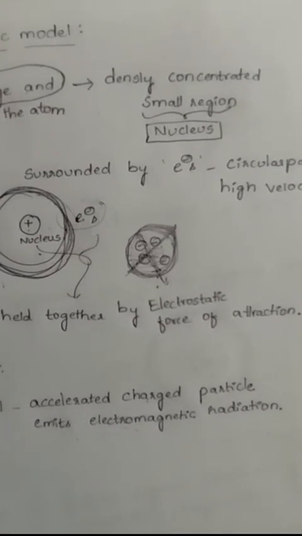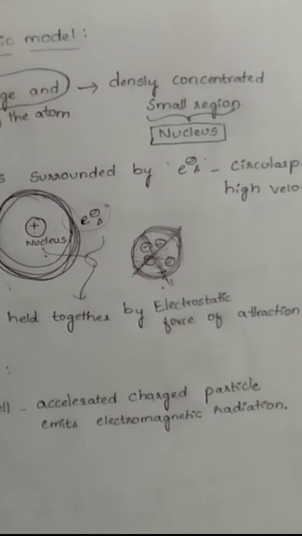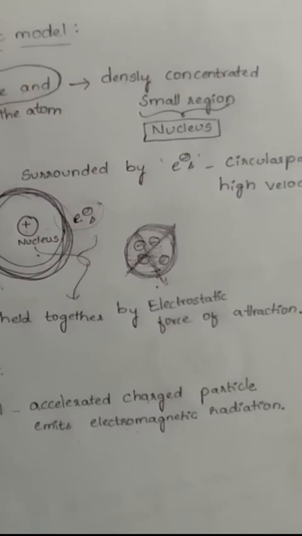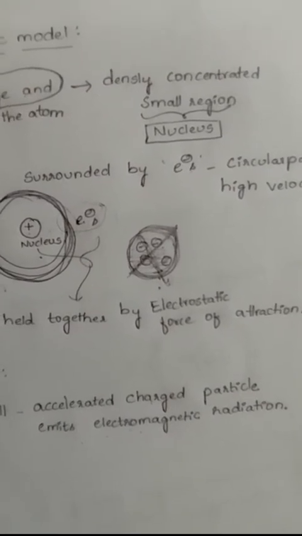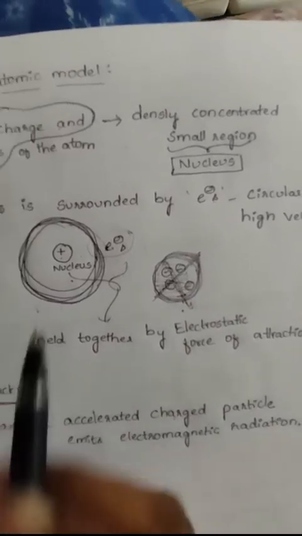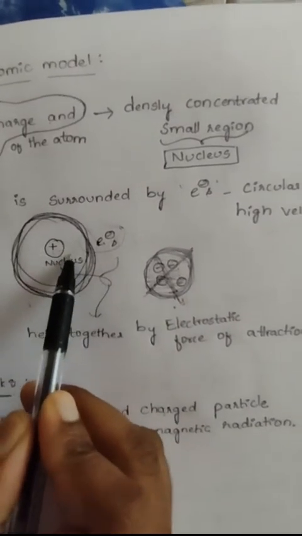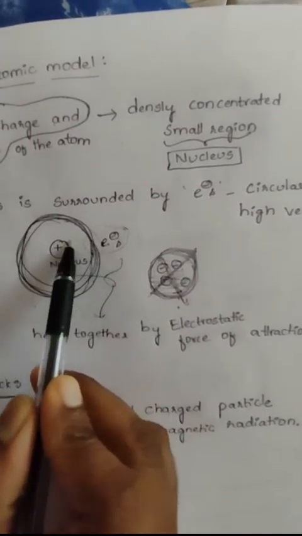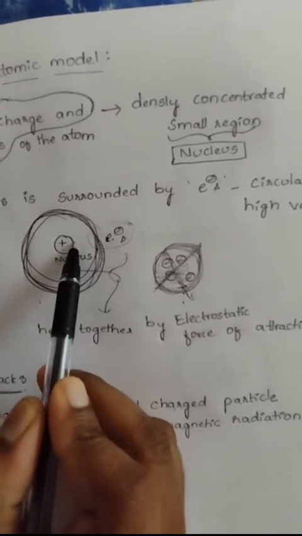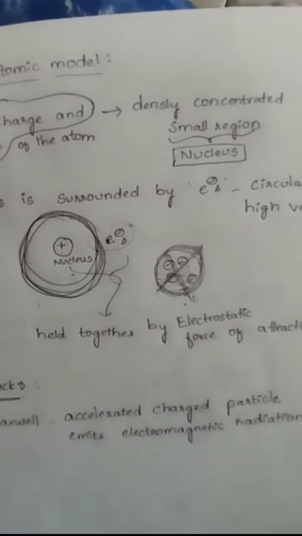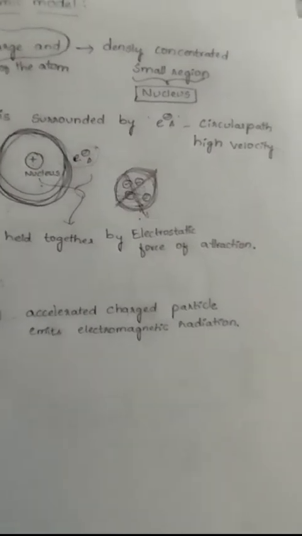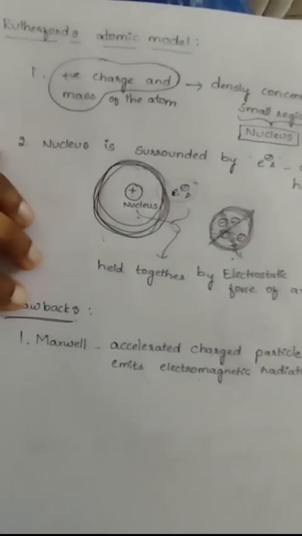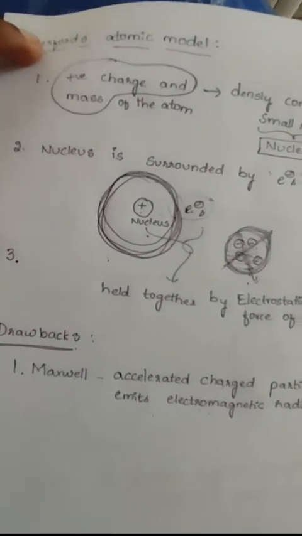If electrons emit electromagnetic radiation, it indicates that electrons are losing some energy. When an electron loses its energy, it will move towards the nucleus and eventually fall into the nucleus. Then atoms are unstable, but in reality atoms are stable. This is not explained by Rutherford.